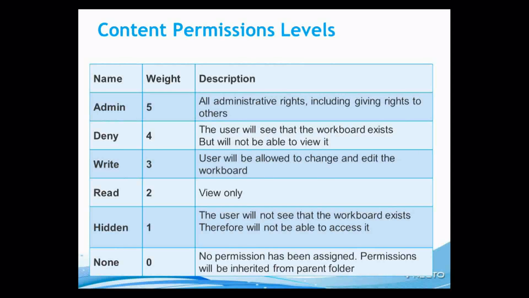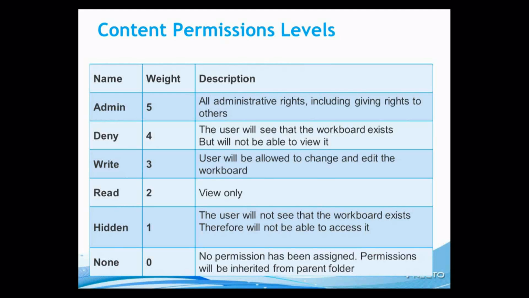So, for example, if I have a permission for a specific role to be admin on a folder, and then I have a permission in the subfolder for this role to be, for example, write permission, then the admin is stronger, so it will actually win. So this user will have an admin permission. We will see it in a second.